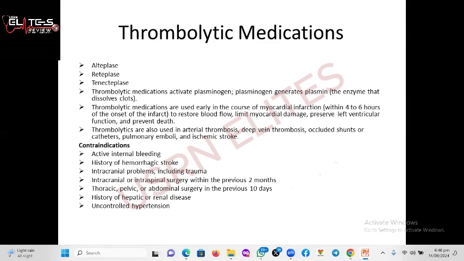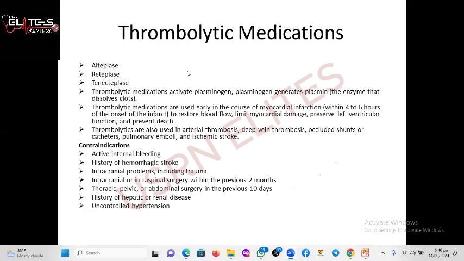Then we talked about thrombolytics. Just quickly on thrombolytics. Now we've talked about the anticoagulants. We learned that anticoagulants prevent clots from forming, and they also prevent clots that are already there from enlarging. Okay.